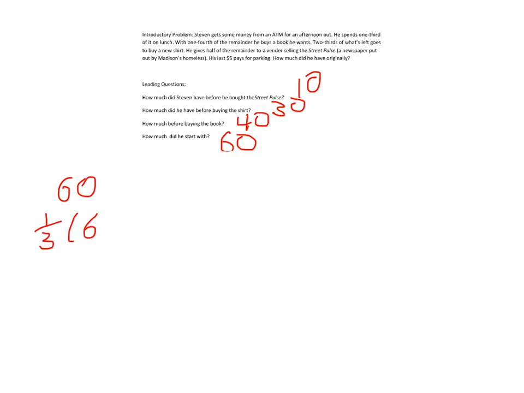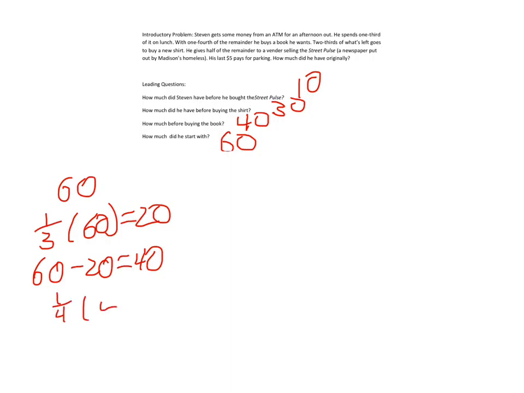One-third of 60 equals 20. 60 minus 20 equals 40 after I buy lunch. Then I've got $40, and I spend 1/4 of it on a book. 1/4 of 40 equals 10. 40 minus 10 equals 30 after buying the book.